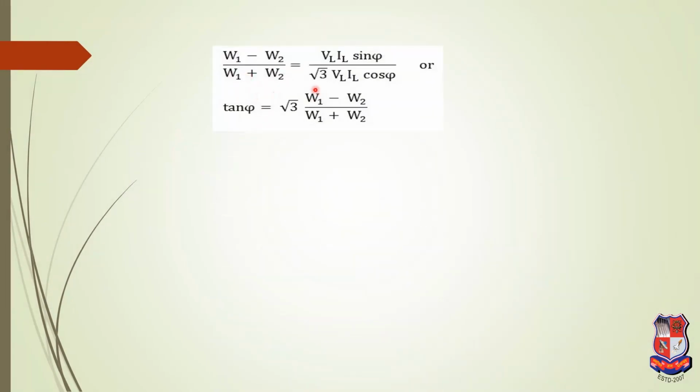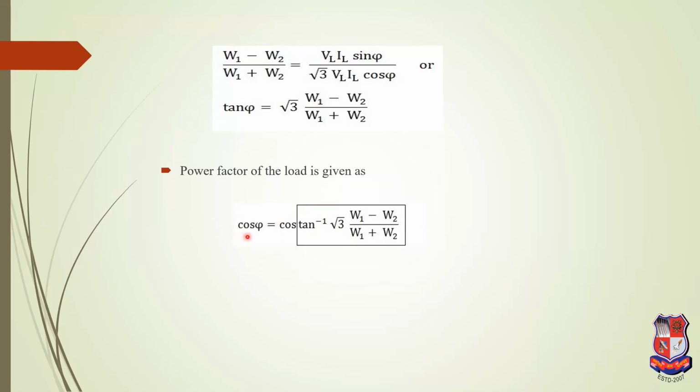We get tan phi is equal to root 3 times (W1 minus W2) divided by (W1 plus W2). Okay, we got this equation. The power factor of the load, that means cos phi, is therefore cos phi equal to cos of tan inverse of root 3 (W1 minus W2) divided by (W1 plus W2). This is the equation for the power factor for three-phase measurement, star or delta.